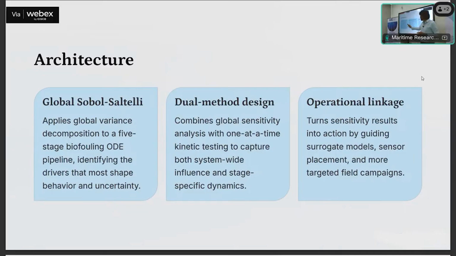And not only that, I'm doing a one at a time analysis where I'm studying each of them specifically as well, to get a complete picture of what's going on. After doing all of this, my eventual goal is to make a sensitivity matrix which can be used as weights for machine learning models subsequently.